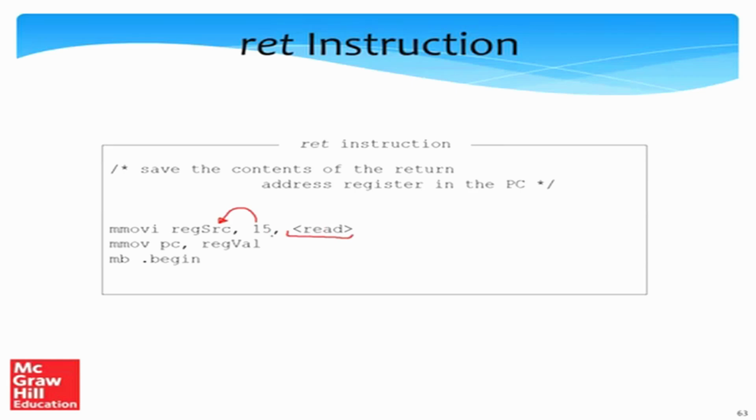So we read the register. The data will be available in the micro register reg val, which will essentially contain the return address. This we move to the PC. Once we have done that, we can again jump to the beginning of the preamble and execute the instruction at the return address.